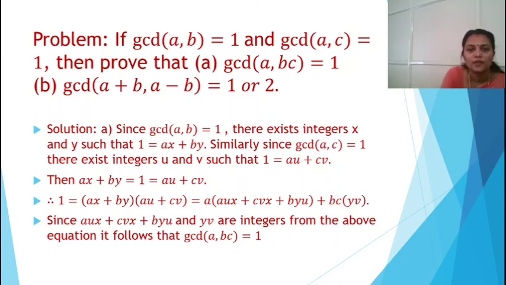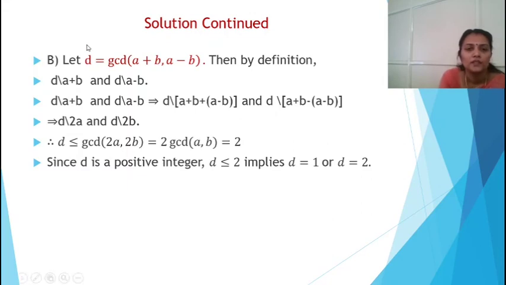Now the second one. Given that d equal to GCD of a plus b and a minus b, we could say that d divides a plus b and d divides a minus b. This implies that d divides the sum, a plus b plus a minus b, and the difference, a plus b minus a minus b, which implies d divides 2a and d divides 2b.